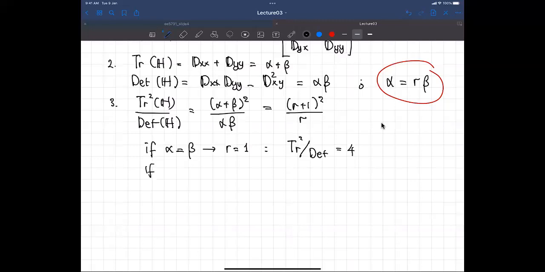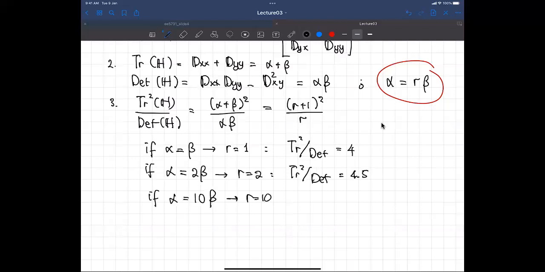And if alpha equals 2 beta, R equals 2, the trace squared divided by determinant equals 4.5. If alpha equals 10 beta, R equals 10, trace squared divided by determinant equals 12.1.